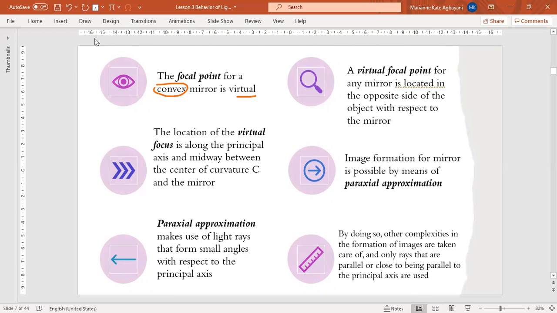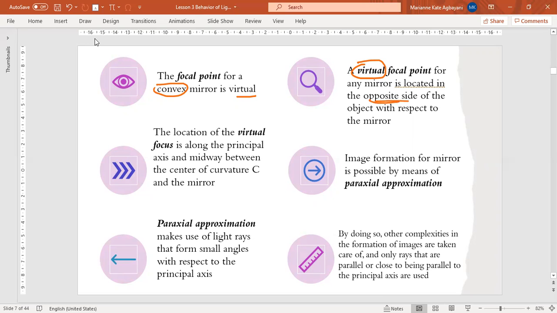The location of the virtual focus is along the principal axis and midway between the center of curvature C and the mirror. A virtual focal point for any mirror is located on the opposite side of the object with respect to the mirror. So that is our virtual focal point, on the opposite side.